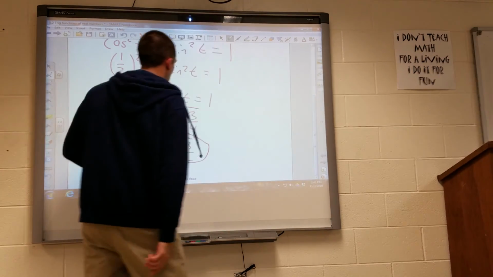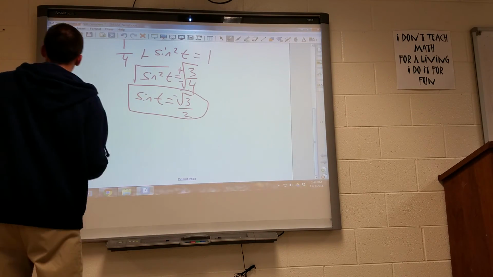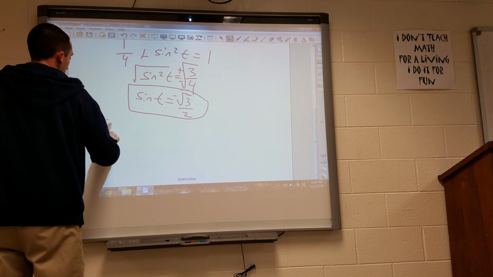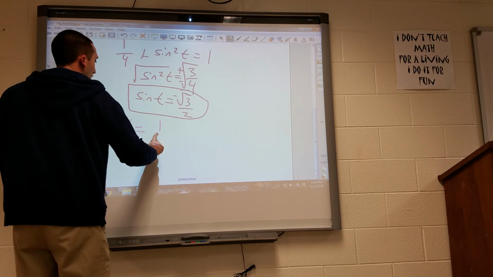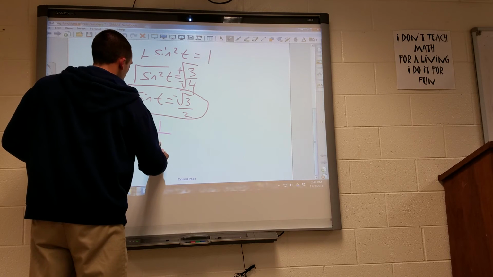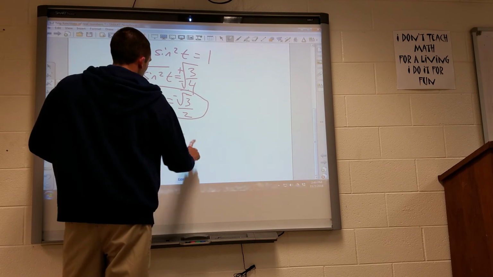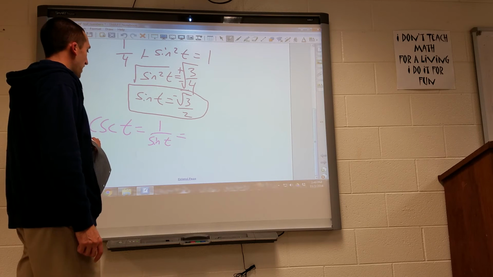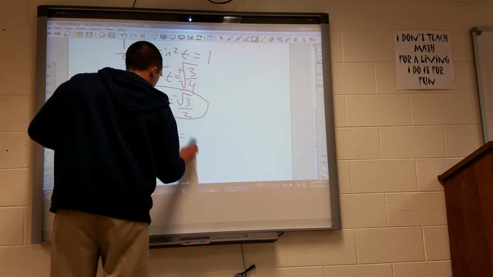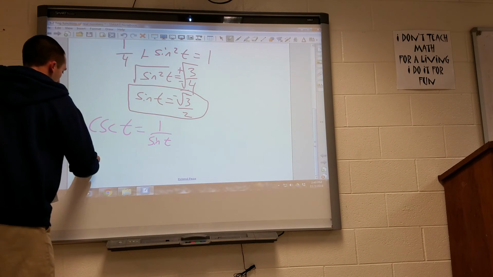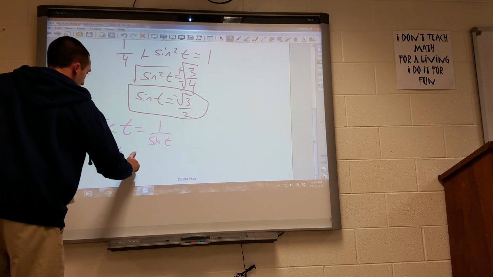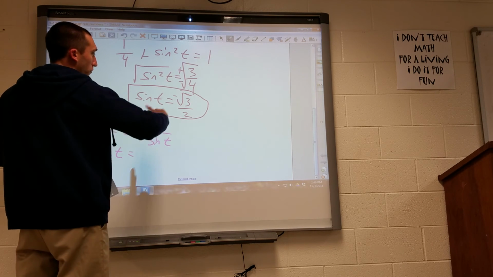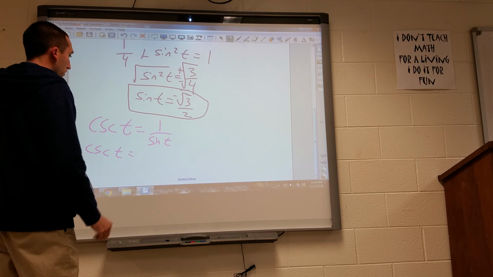So if we go back to your identities, you'll see that the cosecant of t is equal to 1 over sine t. Since we know sine t is equal to that, we can figure out that cosecant t is equal to, well, since it's 1 over, I'm just going to say the reciprocal.